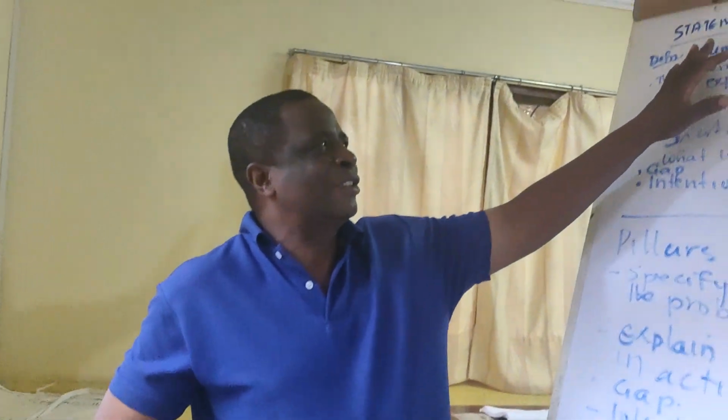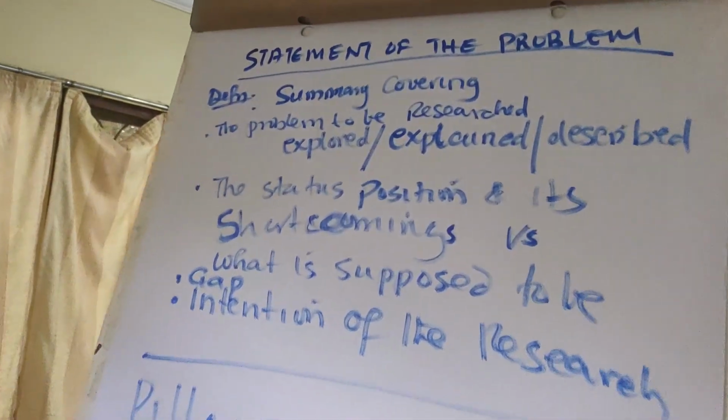It gives the reader of a research report or research proposal an idea of what the field is like, where the research is going to be conducted, and that will be captured by the background. But later on, we need a precise, concise statement, and that is what we call a statement of the problem.